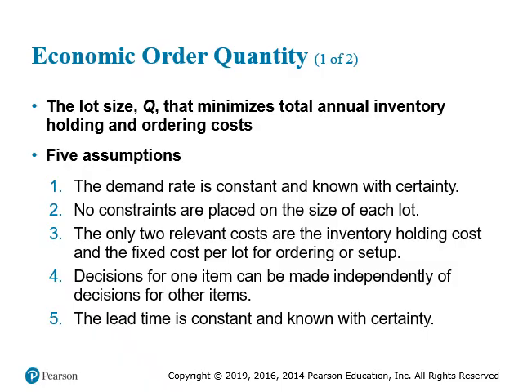So the most simple way to think about this is to think about a situation where we have known and constant demand, and we can order a lot in any size, and we're only going to look at holding and ordering costs, and we can make decisions for the one item on its own where lead time is known and there's not an issue of uncertainty in terms of when our order would show up.